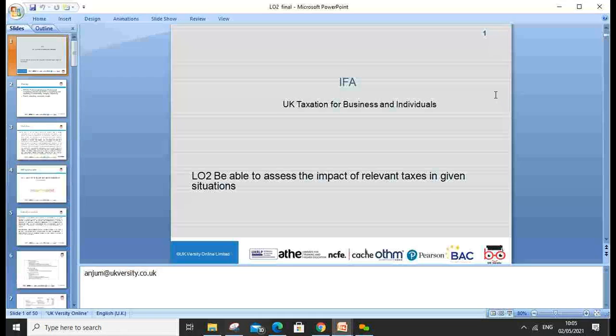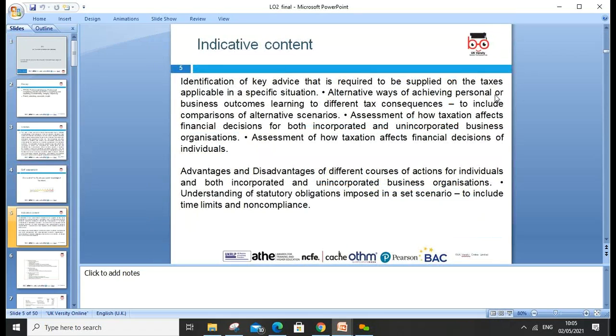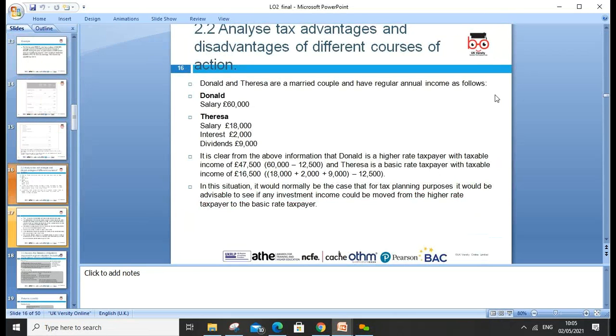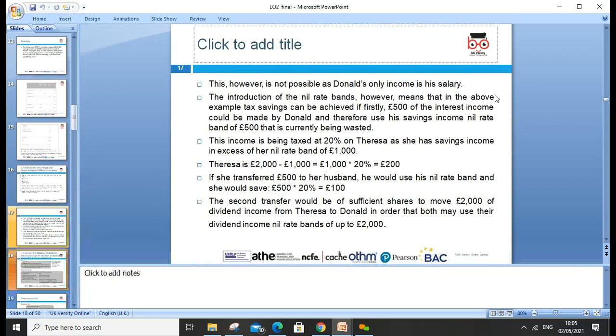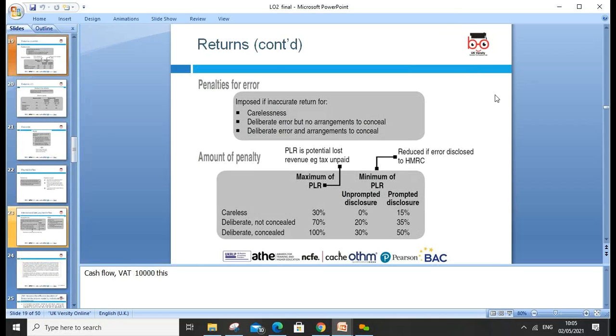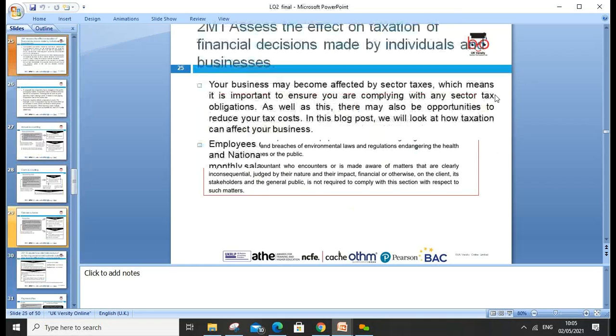Lesson 2, we discussed being able to assess the impact of relevant tax in a given situation. So we looked at different situations, and we discussed the advantages and disadvantages of different courses of action in terms of how we can plan the tax. We looked at self-assessments as well, and the compliance side: what sort of penalties there can be if we don't keep the records.